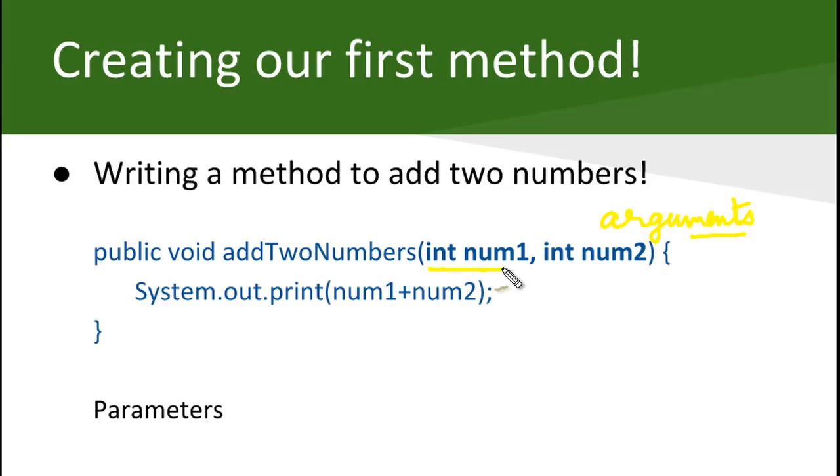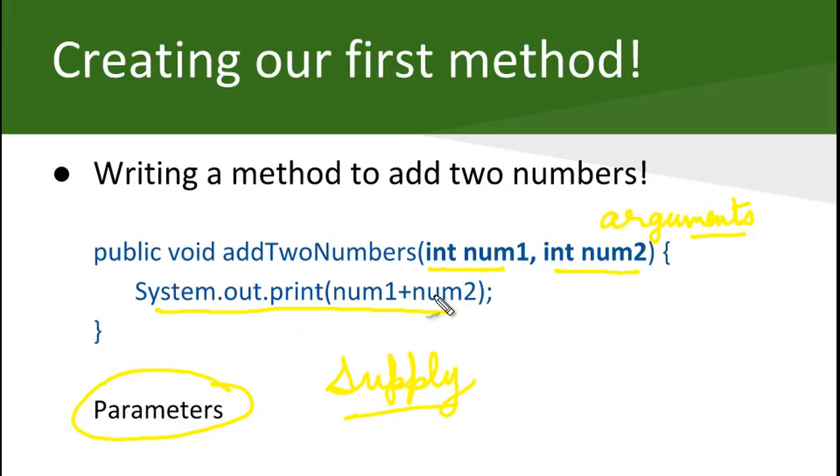This method is taking two numbers, two integers to be precise, num1 and num2. These are the arguments or the parameters of the method. This is what you have to supply to the method, and it may or may not return something, but it will do something with what you have supplied. You supplied two numbers and it is printing the sum of those two numbers.